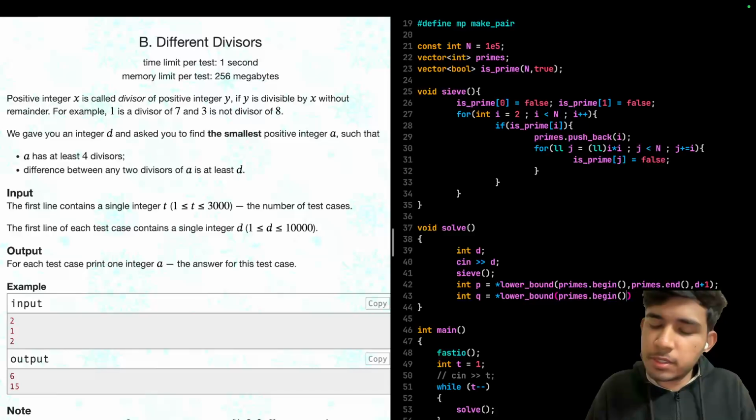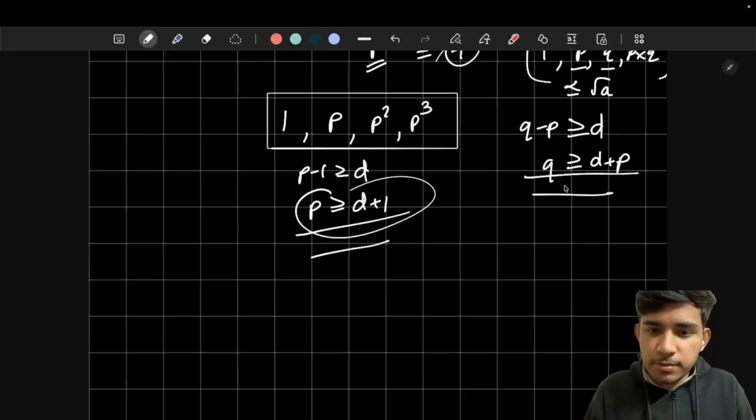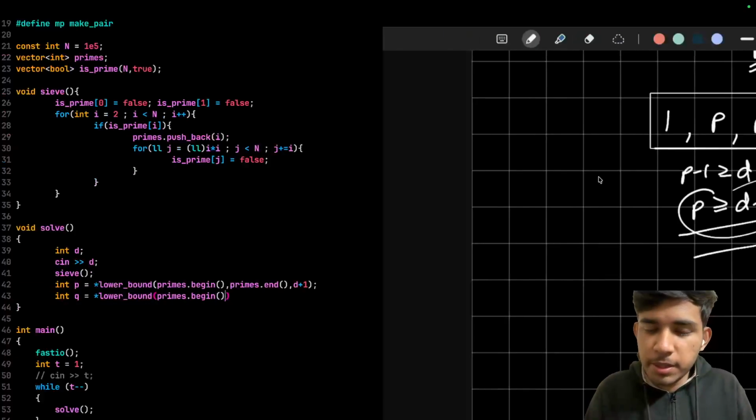So we're basically binary searching over the values to find the minimal p and minimal q.